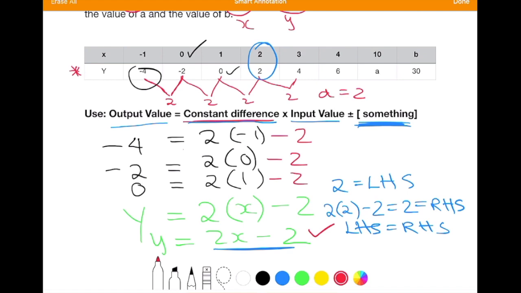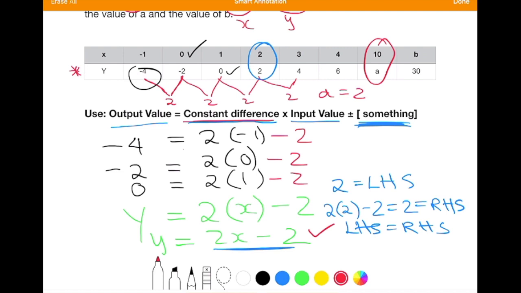And so now you can work out the missing values. It says work out the value of a, given that the value of x is equal to 10. You see there that a is in the row for y. So wherever there is y in this rule, we can now put a. But wherever there is x, we put 10.